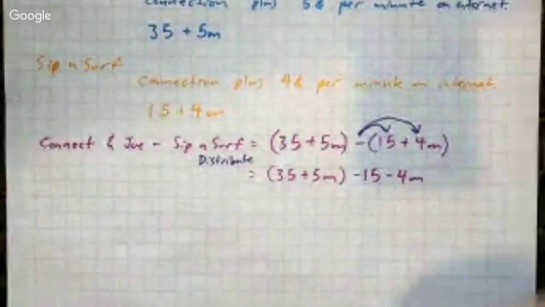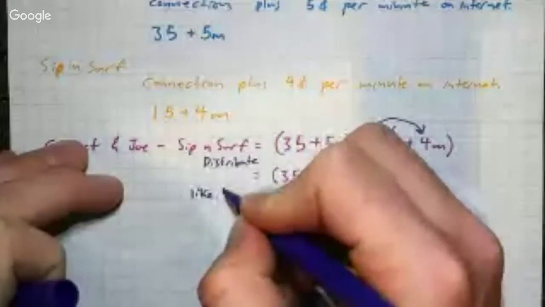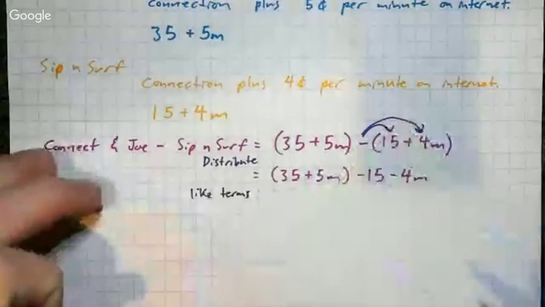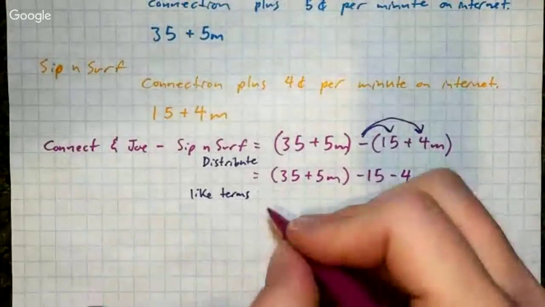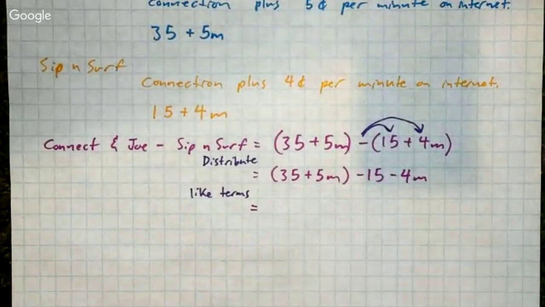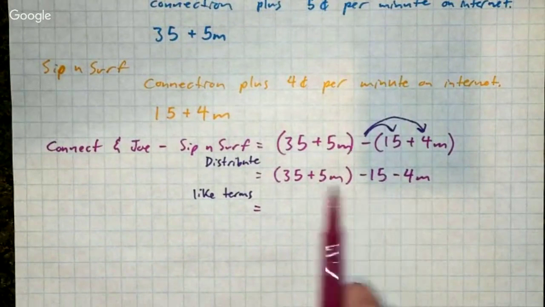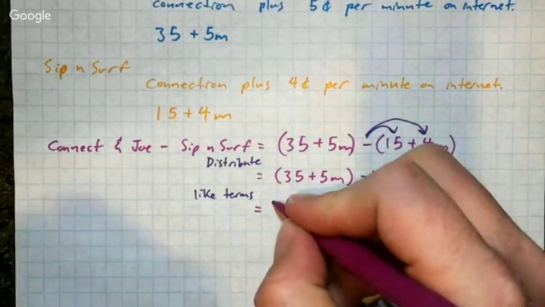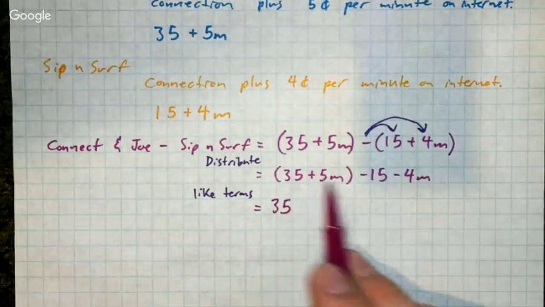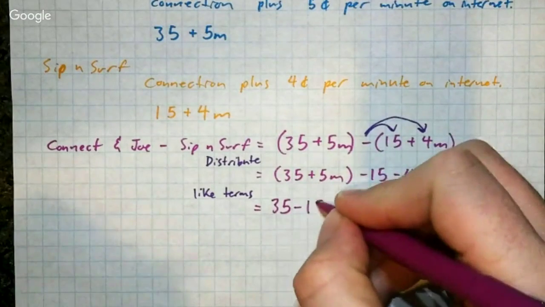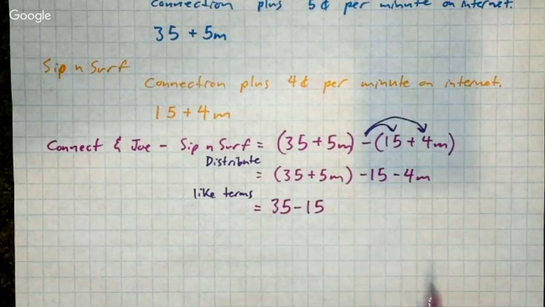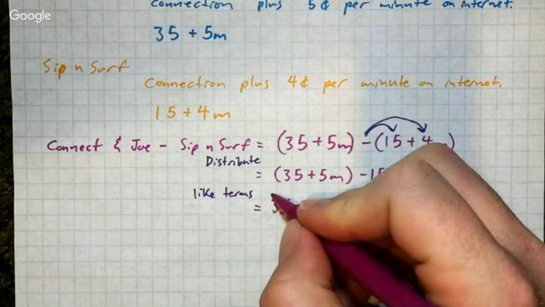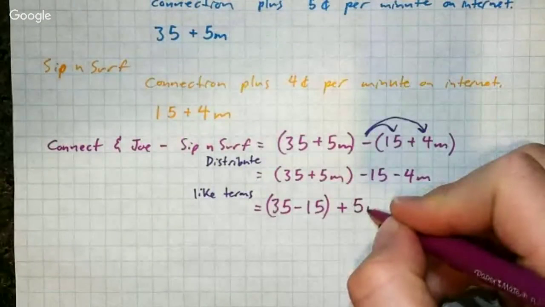Next thing we need to do is find those like terms. Well, minutes is the variable in both, so I know that they are like terms, and these are two numbers that do not have variables. Those are like terms as well. So we're going to have 35 minus 15, and 5M minus 4M.